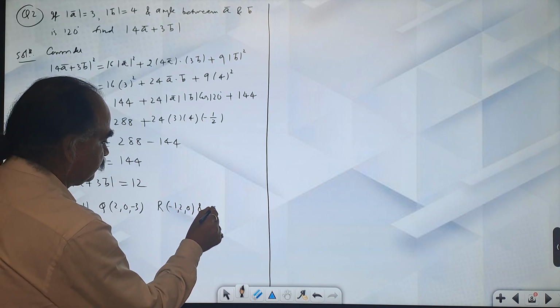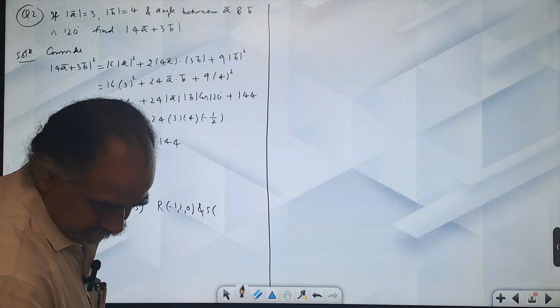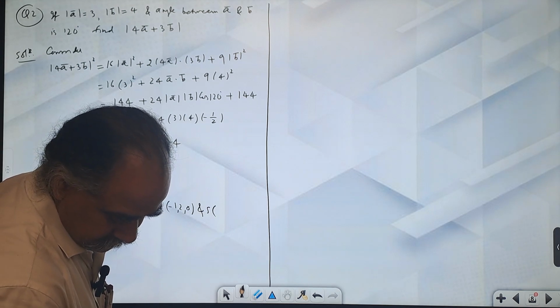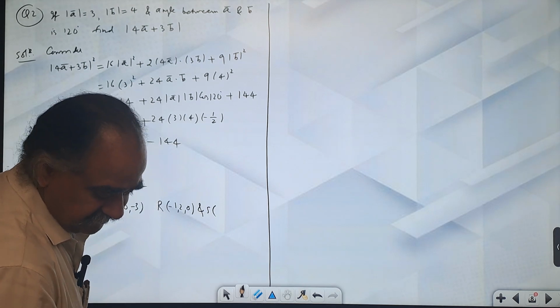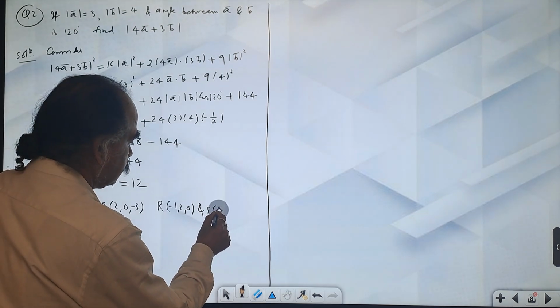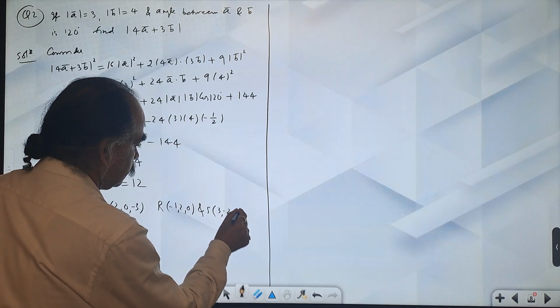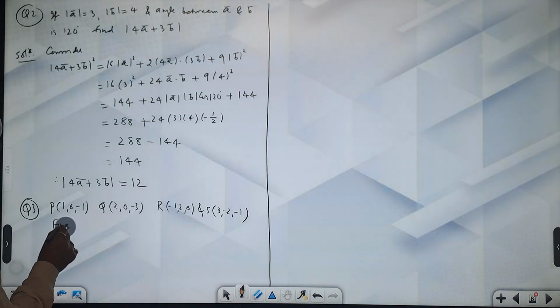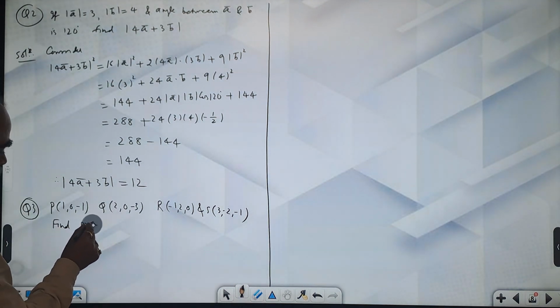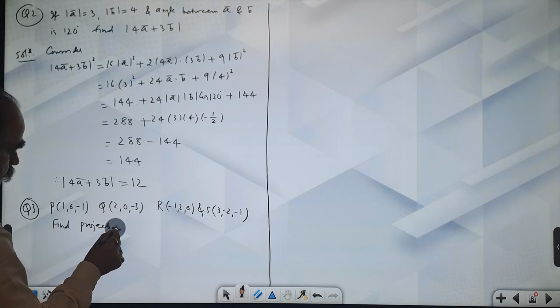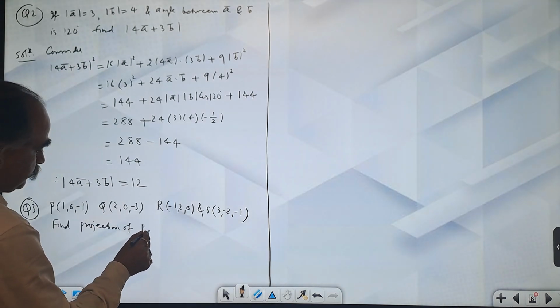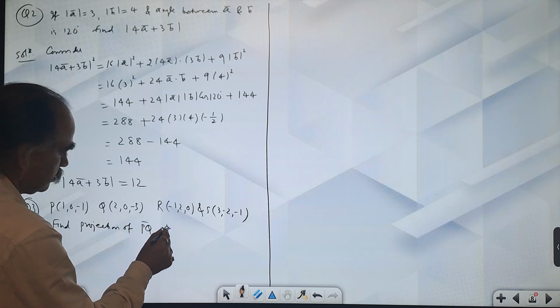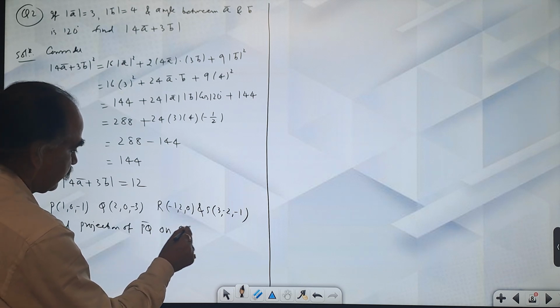And S is 3, minus 2, minus 1. Find projection of PQ bar on RS bar.